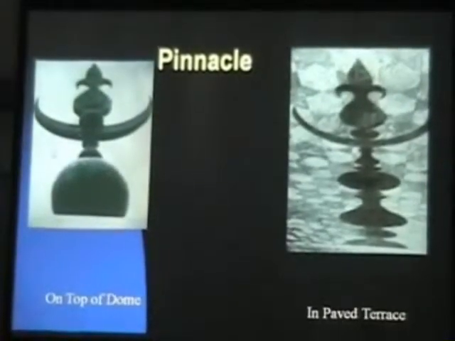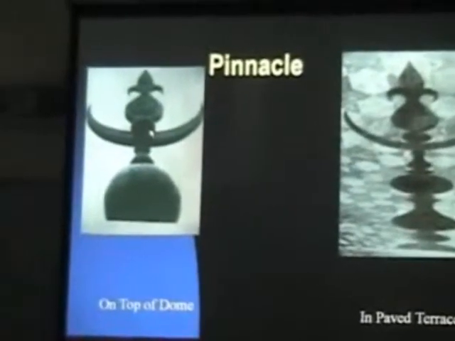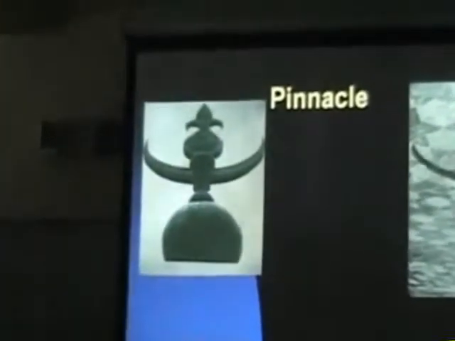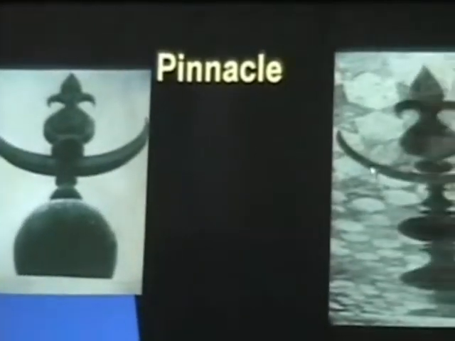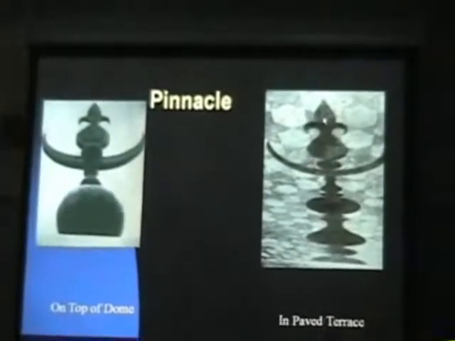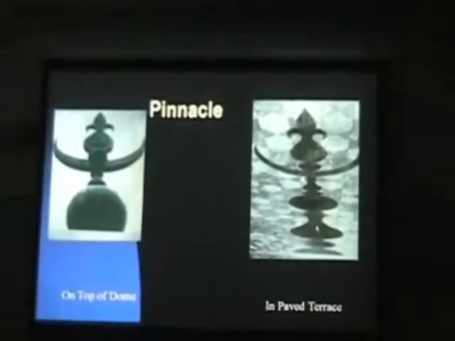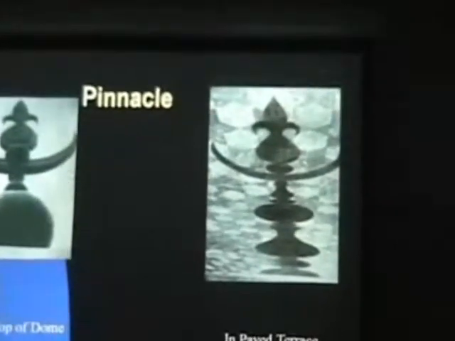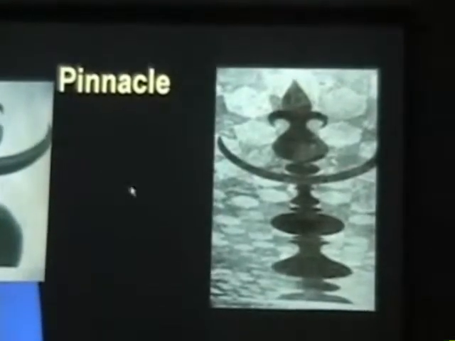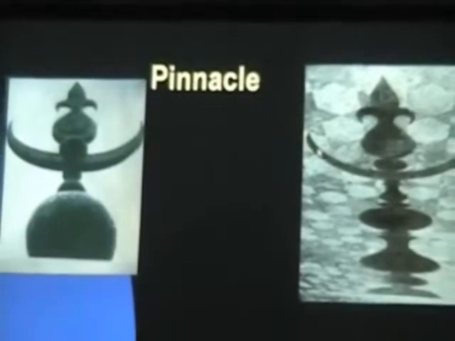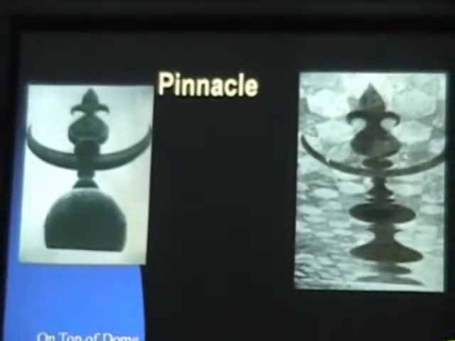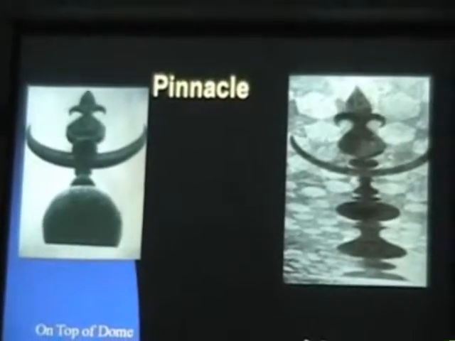And here's the pinnacle over here. The pinnacle is laid out flat in the terrace by the Taj, and it's 32 feet long, an exact duplicate of the actual pinnacle. It's made up of these water pots, a crescent, Shiva's crescent, mango leaves, and a coconut.